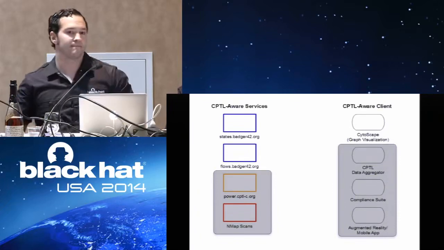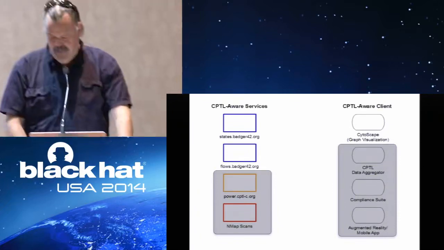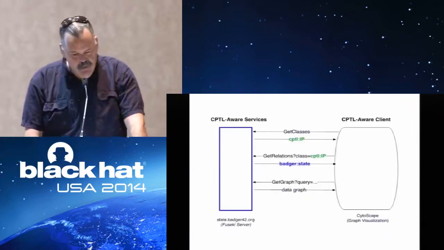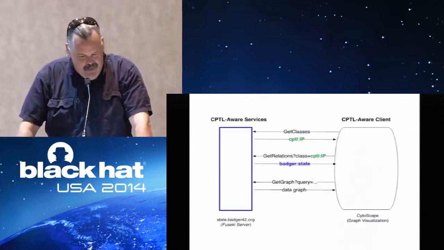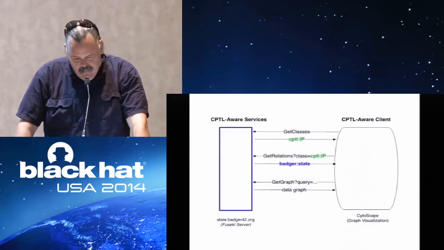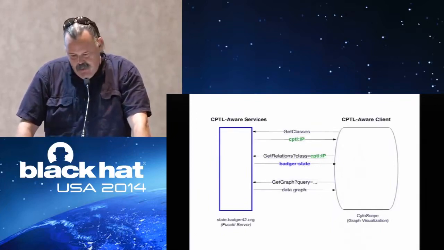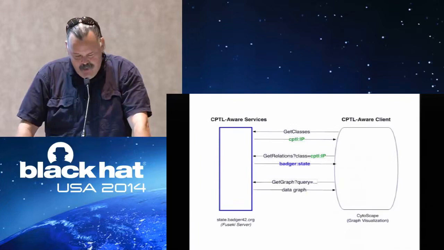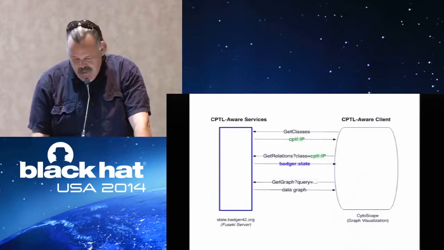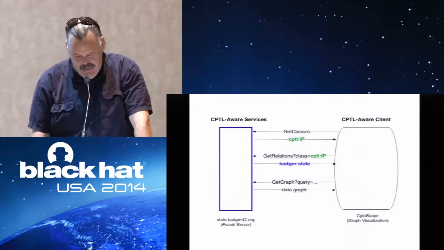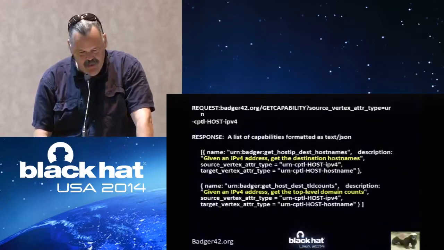We figured it's a good idea to concentrate on the Badger since that's what the name of the talk was. So the query looks like this from a diagram perspective. We're going to send a request from the client to the server, and the server is going to reply back with a list of attributes and things that we can do, the capabilities that the respective Badger server has.